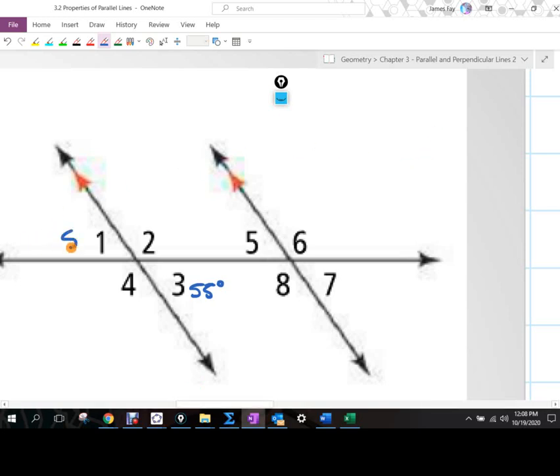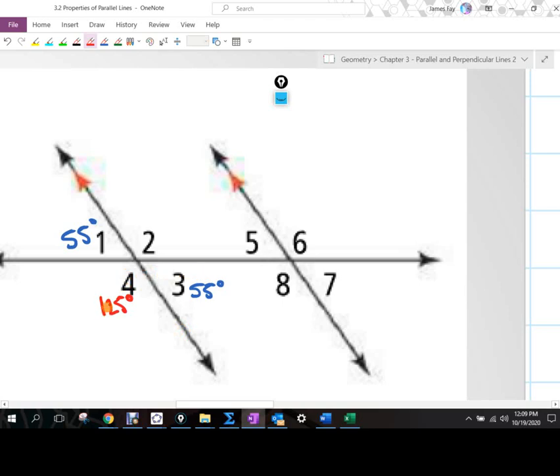55 degrees. Why? Okay. So angle 1 and angle 3 are vertical, so those are congruent. So we got 55 degrees. What's another angle that's going to be up there? Bex? Number 4. Okay, what are you going to put there? 125. Okay, so 125, because it's supplementary with what?